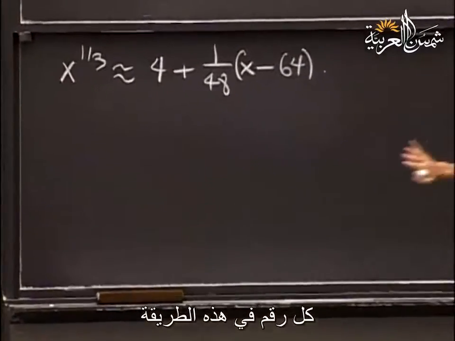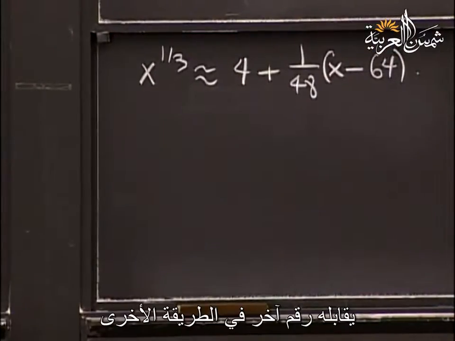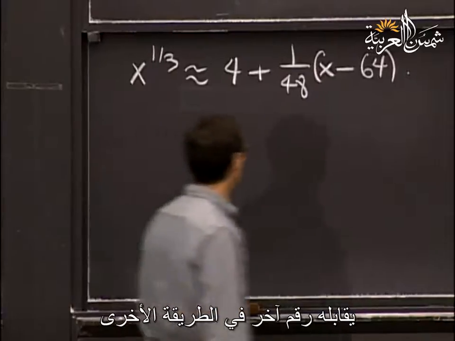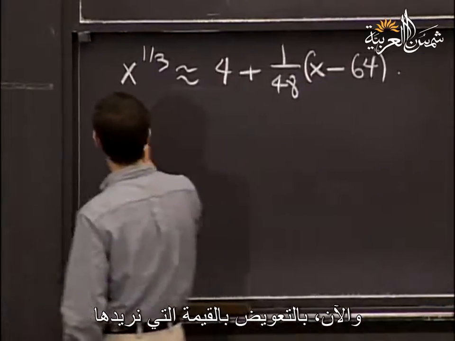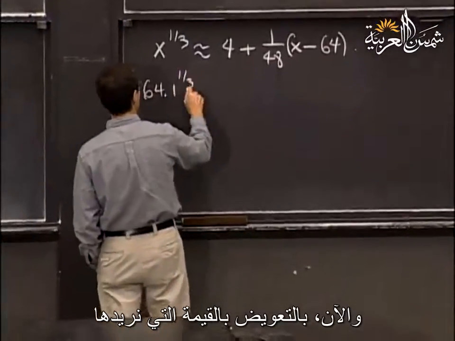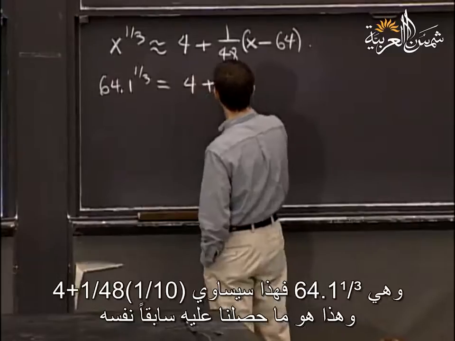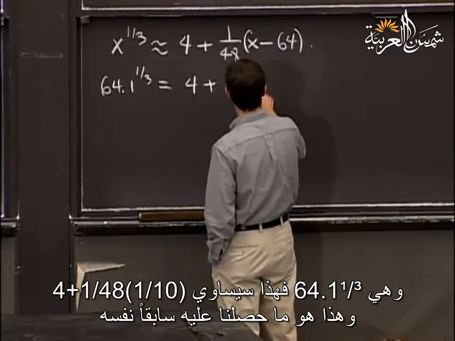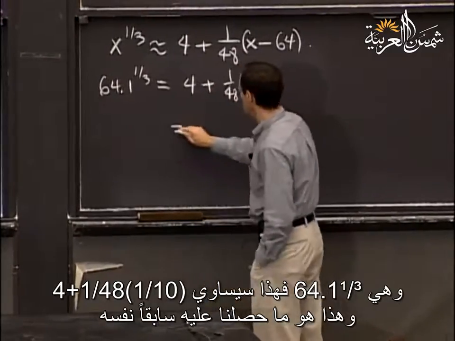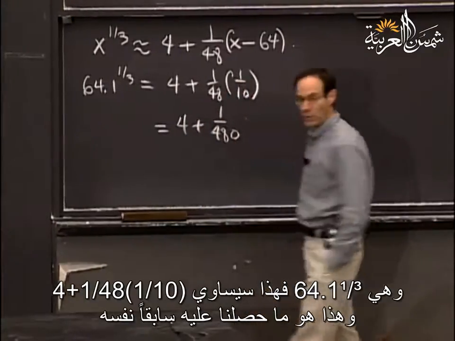So look, every single number that I've written over here has a corresponding number for this other method. And now if I plug in the value we happen to want, which is 64.1, this would be 4 plus a 48th times a tenth, which is just the same thing we had before.